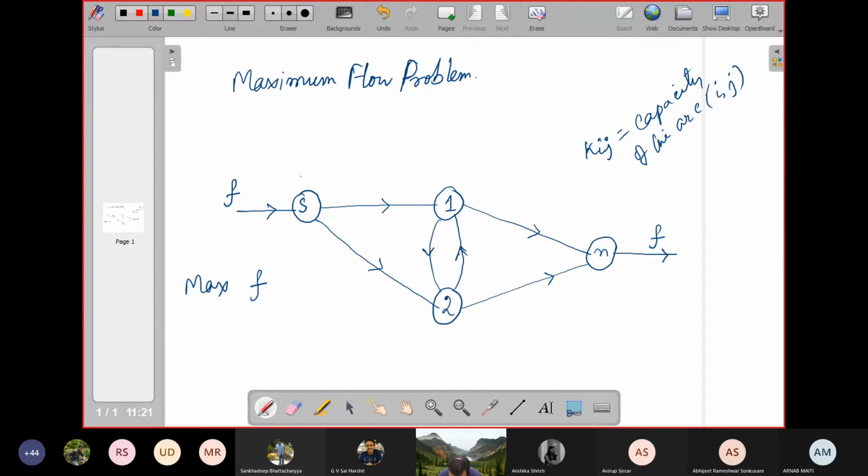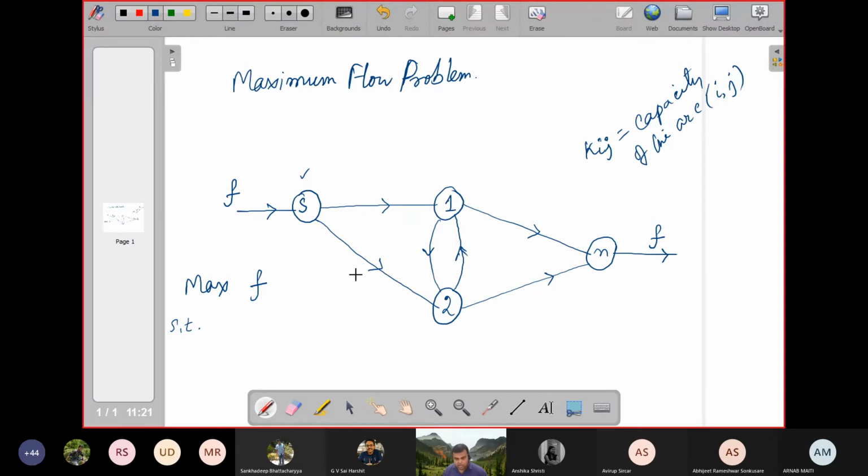Suppose for the source node S, what should be the flow conservation constraint? F is the flow that we are trying to decide. So F is available at the source, which is getting distributed to 1 and 2, right? These are the two possible ways it can get distributed.